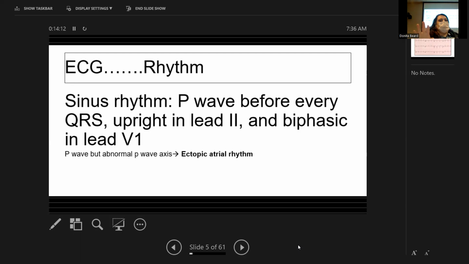Sometimes in real life V1 can look mostly negative, which is okay as long as lead 2 is mostly positive. For the most part, if there's a P wave, 99% of the time it is sinus rhythm, but there are times when it's not, and we're going to look at that.